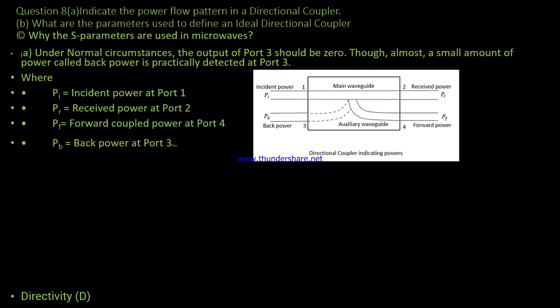At port 3, we have the back power. And at port 4, we have the forward power. But under normal circumstances, the output of port 3 should be 0, although there are some traces of a small amount of power called back power, which is practically detected at port 3.